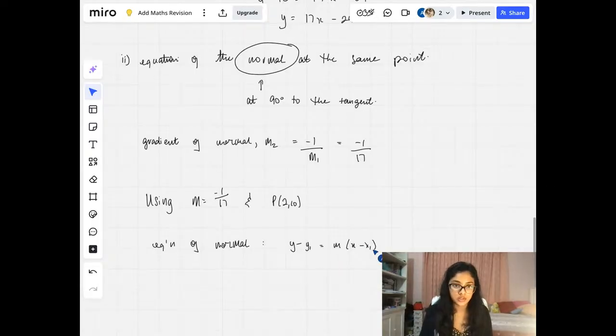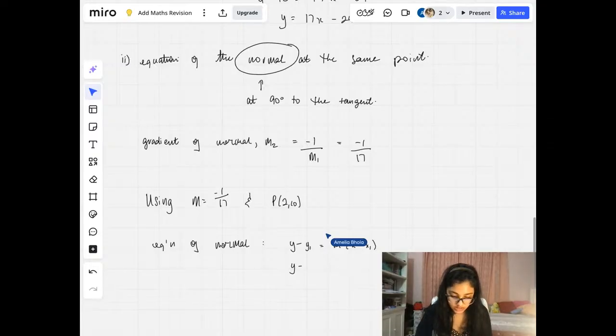This can also be kind of confusing because when you're doing circle geometry, which is section 2, they would usually ask you to find the gradient of the normal, then the tangent. So that could be a little confusing.